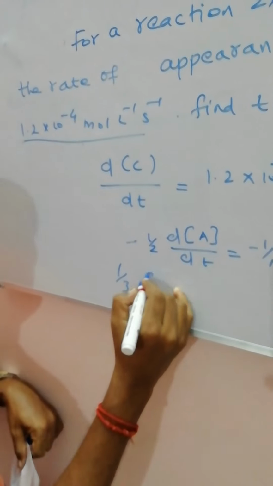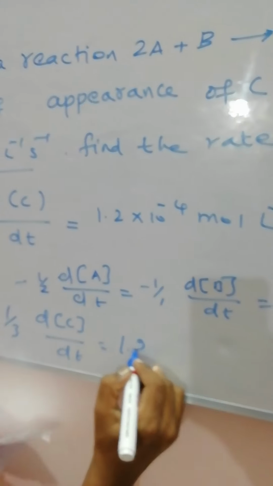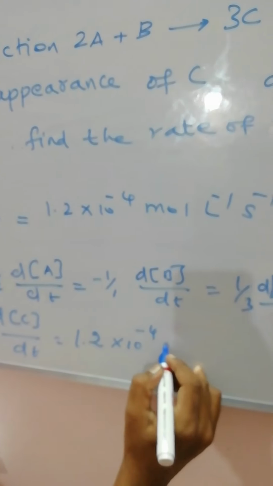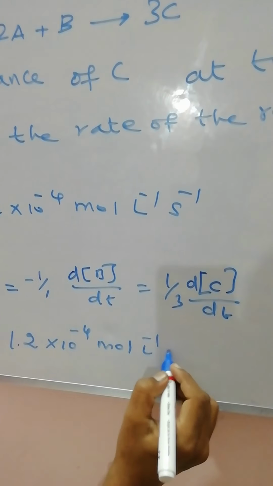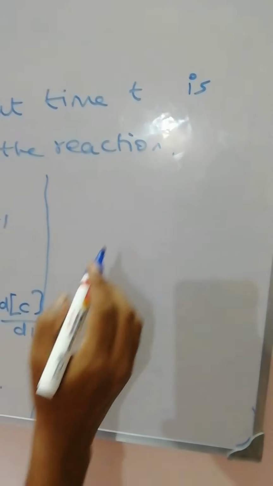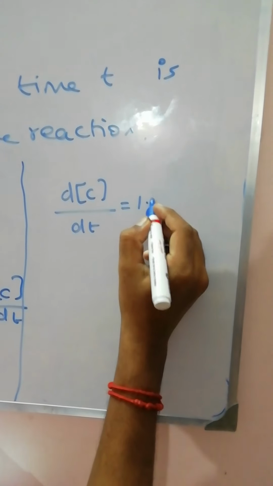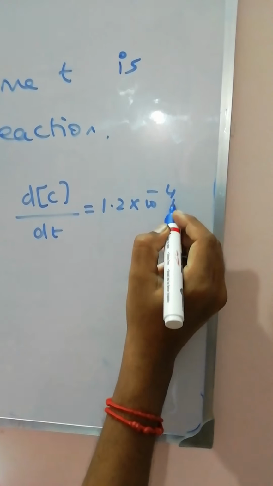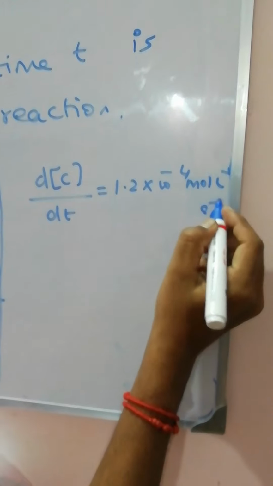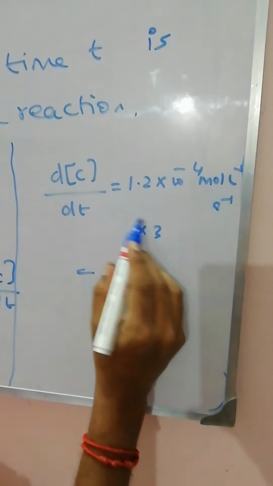So we can write 1 by 3 dC by dt is equal to 1.2 into 10 to the power minus 4 mole liter inverse second inverse. We can substitute here: 1.2 into 10 to the power minus 4 moles per liter per second divided by 3. You get a value of 4.